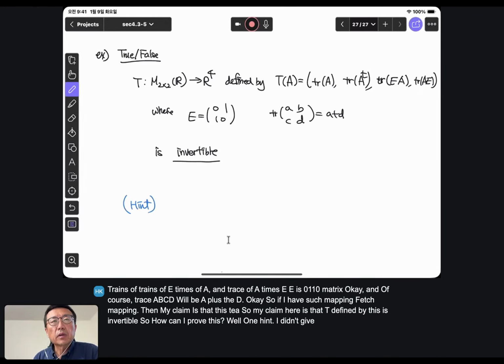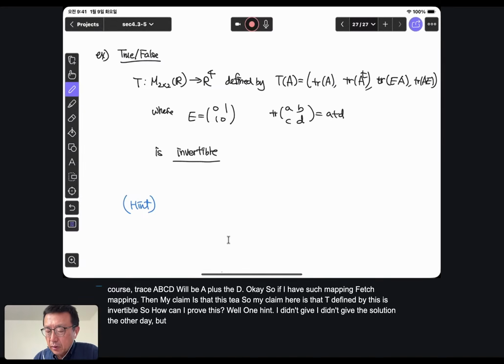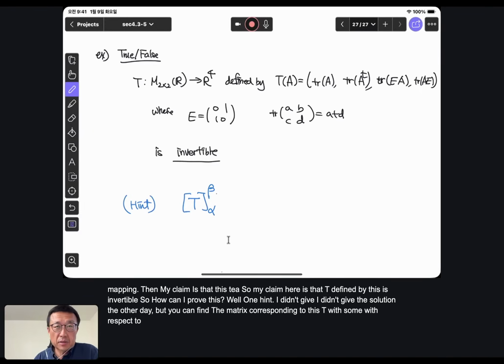I didn't give the solution the other day, but you can find the matrix corresponding to this T with respect to certain bases, alpha and beta. You need to choose alpha and beta yourself, okay?